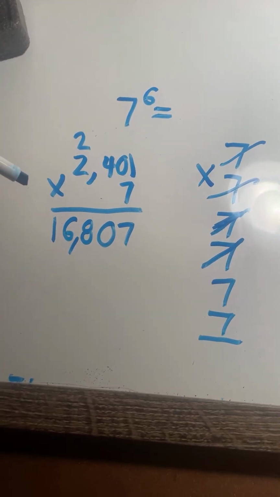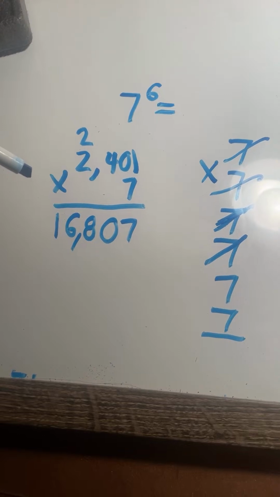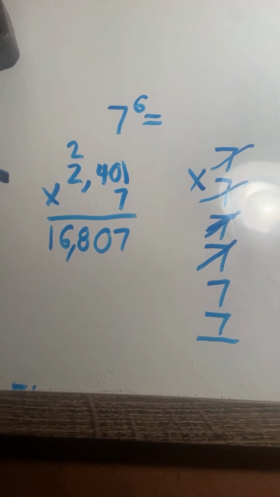We have our answer, 2,401 times 7 equals 16,807.